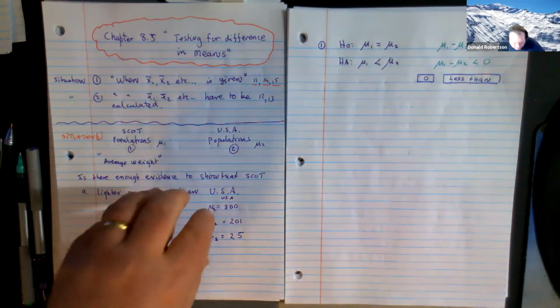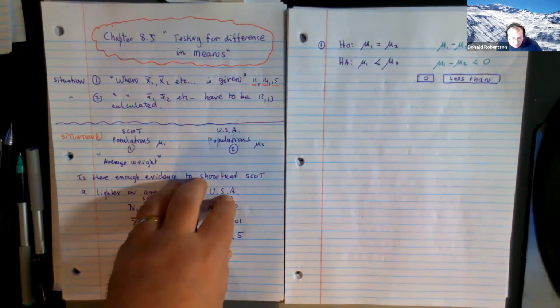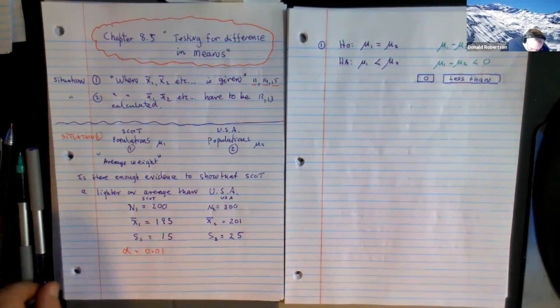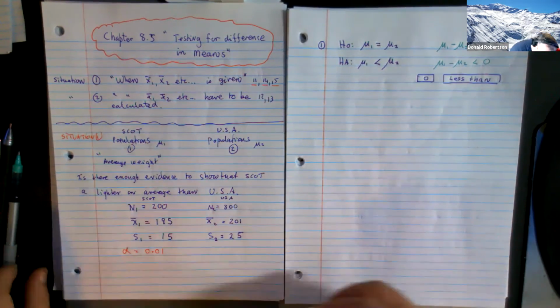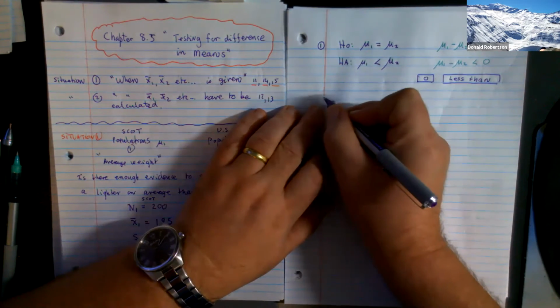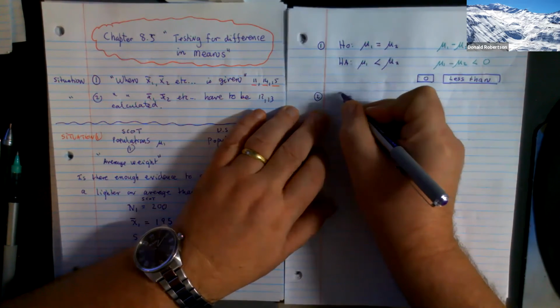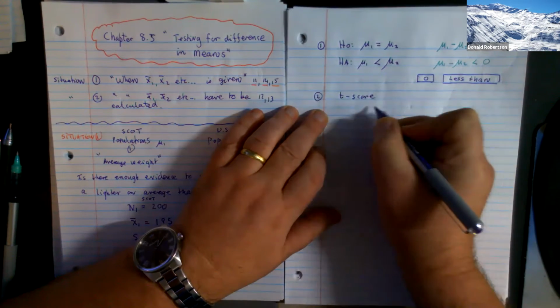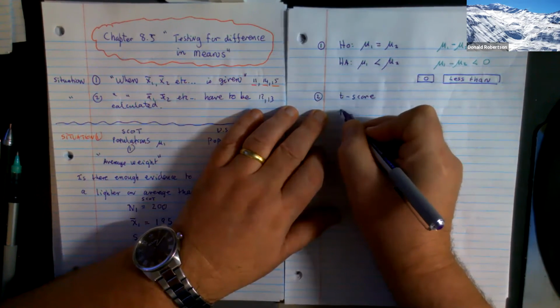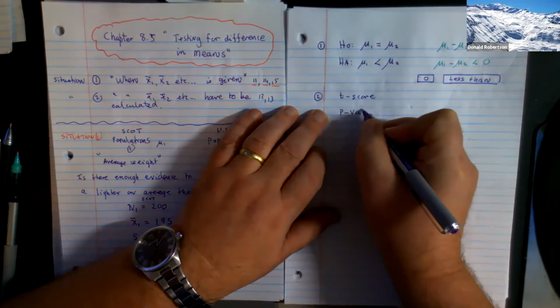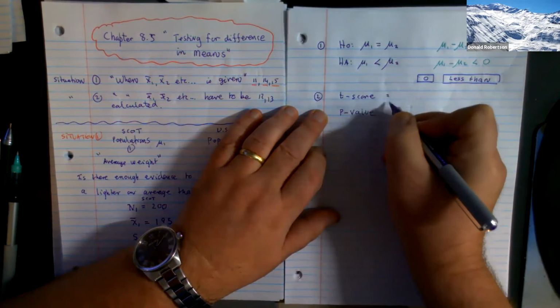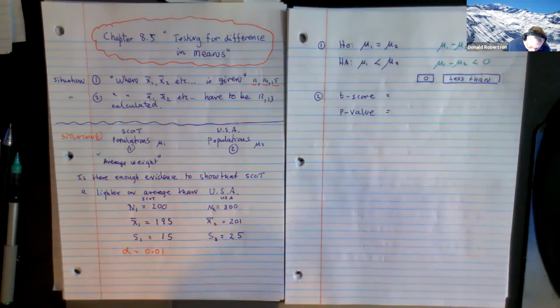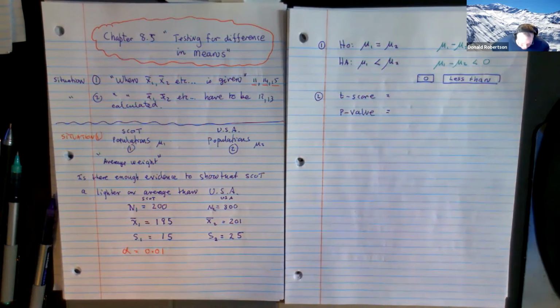Now we've got all the information. All we need now is somebody else, meaning some software, to get the t-score and to find the p-value. Now, I did this with my Monday class, but I'm not going to do it with you this time at all.